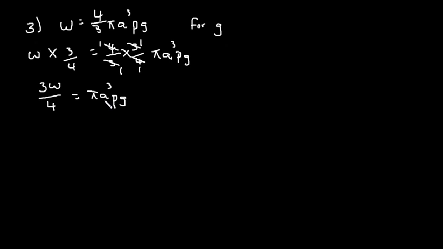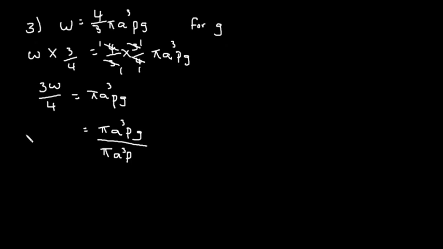But when we're dividing a fraction by this, it is the same as multiplying by its reciprocal. So on this side we will divide by pi a cubed rho.